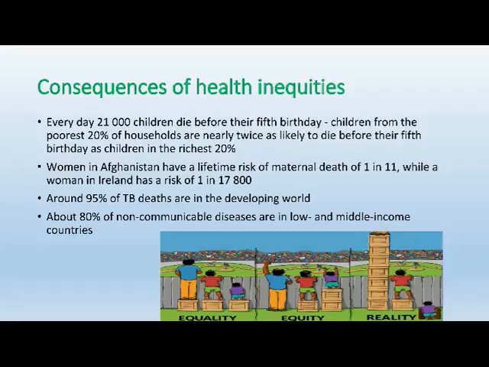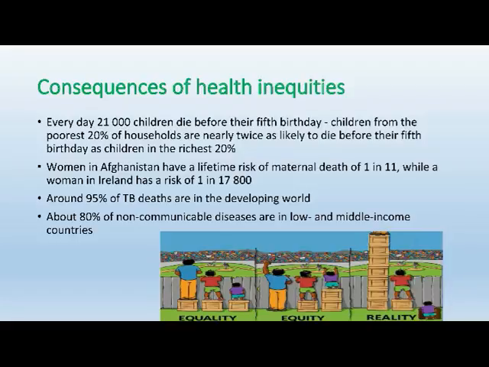Maternal mortality is a health indicator that shows the wide gaps between rich and poor, both between and within countries. Developing countries account for 99% of annual maternal deaths in the world. Women in Afghanistan have a lifetime risk of maternal death of 1 in 11, while a woman in Ireland has a risk of 1 in 17,800.